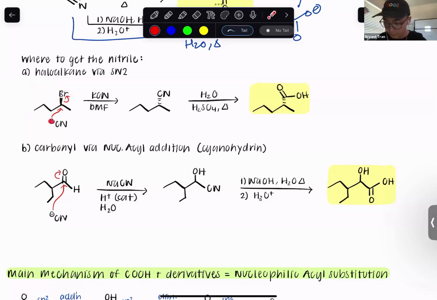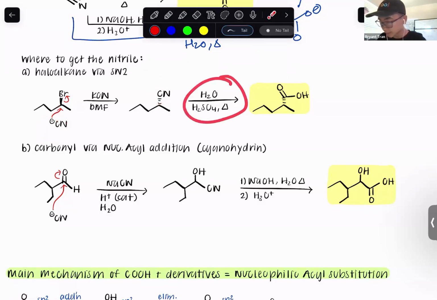So this nucleophile is going to attack this electrophilic carbon, kick out the leaving group, and invert the stereochemistry, right? Because the wedge is converted to a dash. The Br minus is now floating around in the solution. This is the nitrile that we use to attack that electrophile right there.